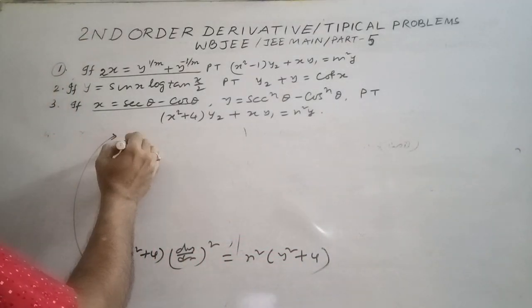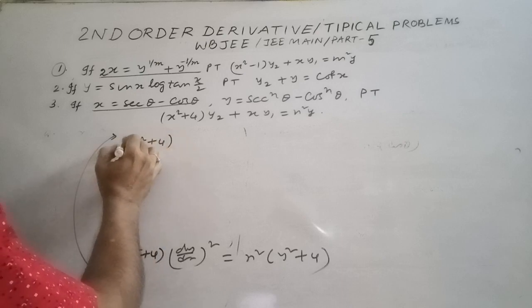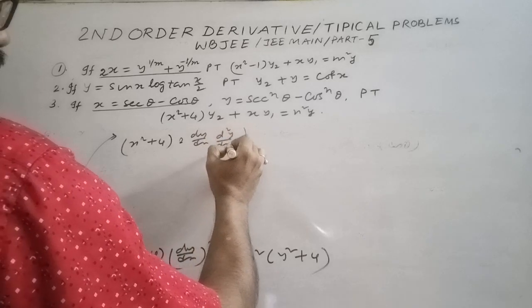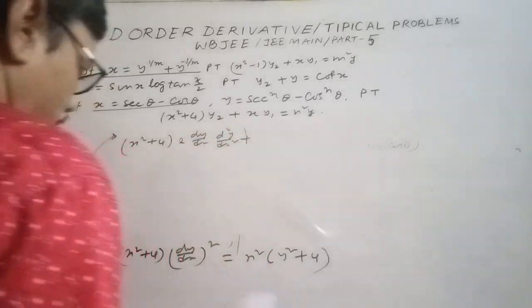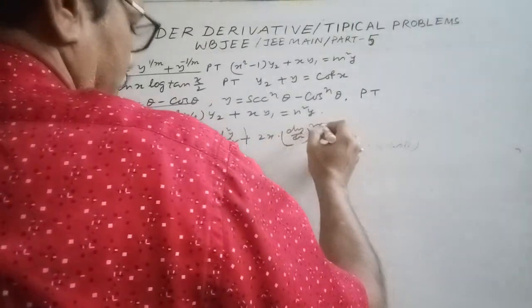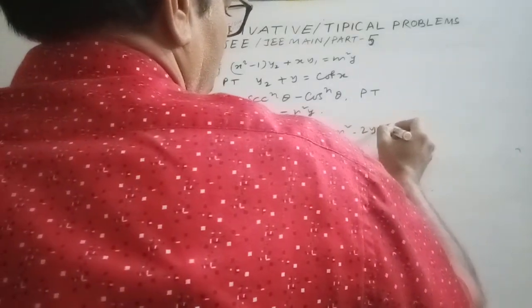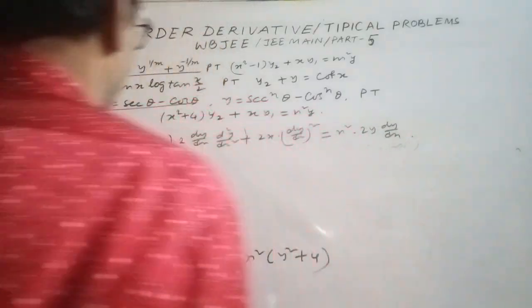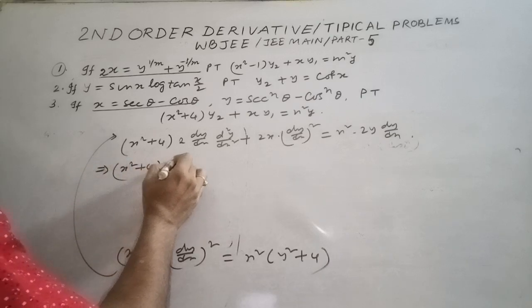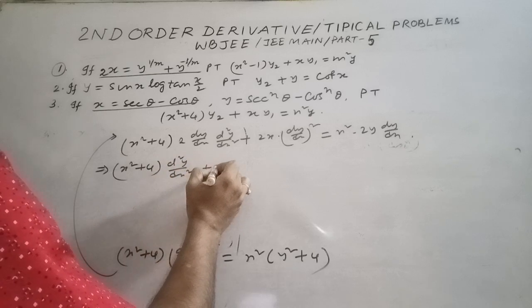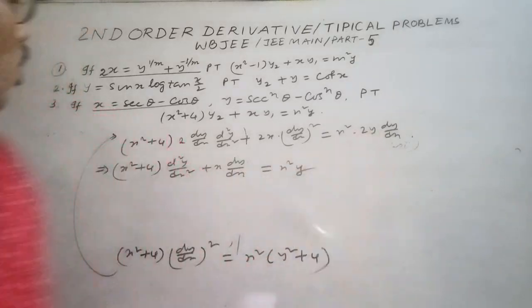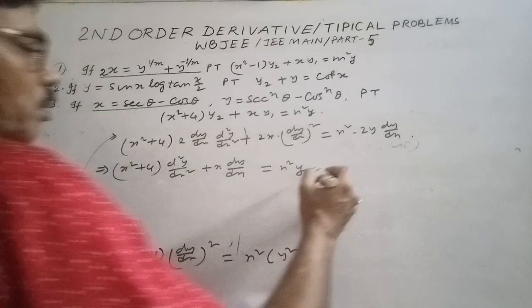So differentiate again: (x² + 4) into 2 (dy/dx)(d²y/dx²) plus 2x (dy/dx)² equals n² 2y dy/dx. So (x² + 4) d²y/dx² + x dy/dx equals n² y. So, good.